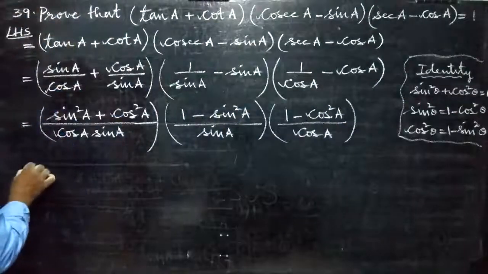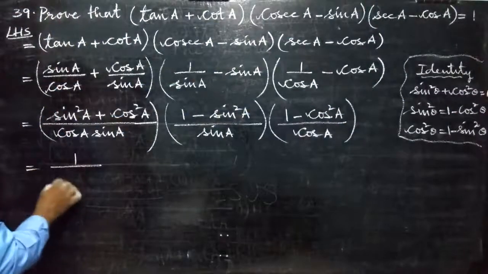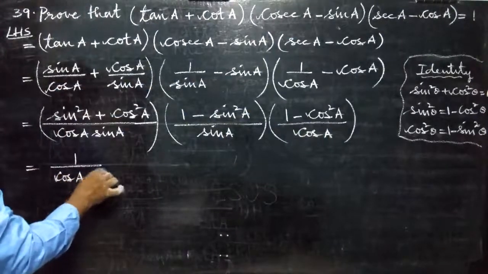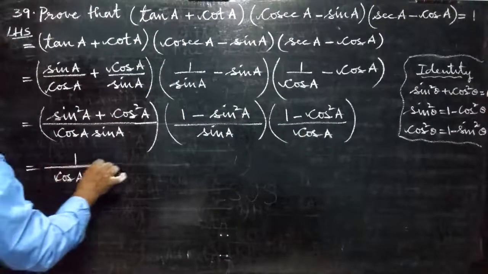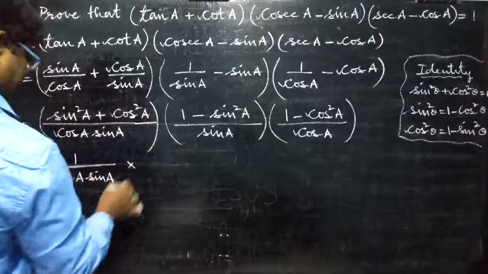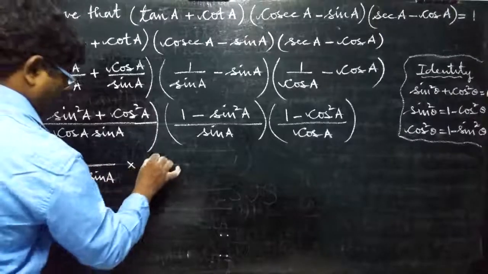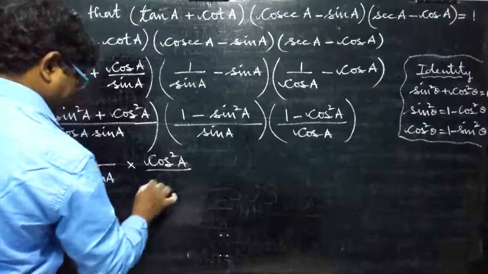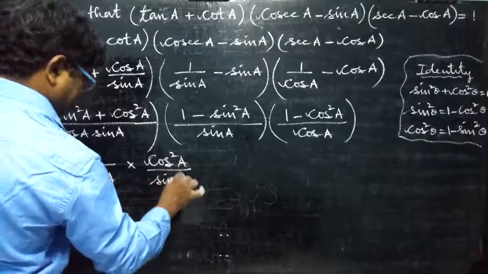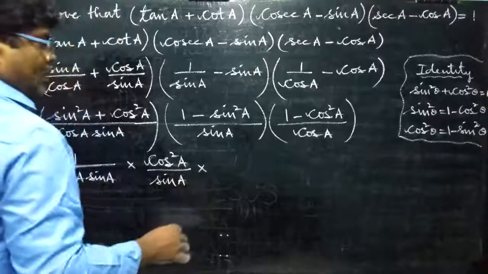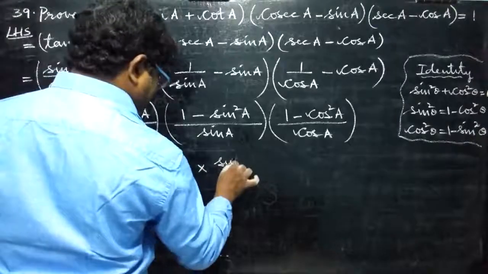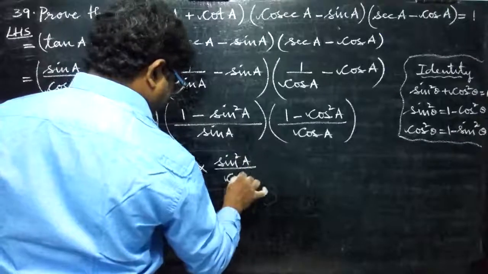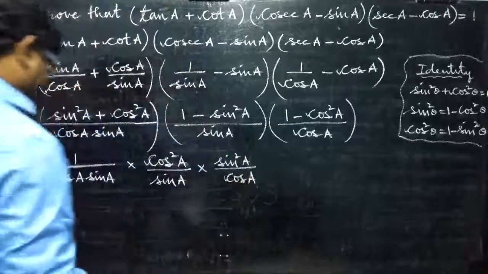Now 1 by cos A into sin A, into 1 minus sin square means cos square A, so cos square A by sin A, into 1 minus cos square means sin square A, sin square A by cos A. Now multiply.